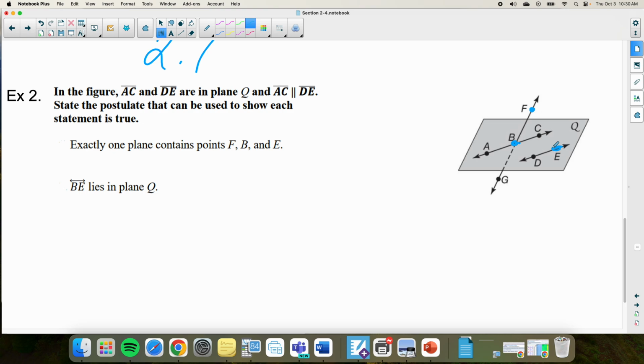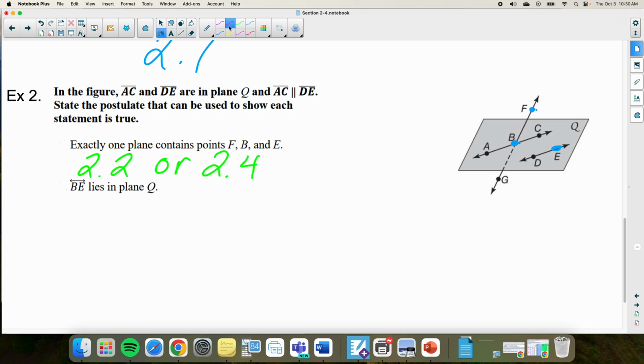Is there a plane that would slice through F, B, and E if they're not on the same line? Remember I said 2 skittles and 1 up here. Can you slice a plane through there? And what would that be? Through any 3 non-collinear points, there's exactly one plane. 2.2. And again, if you said 2.4, that would be fine.